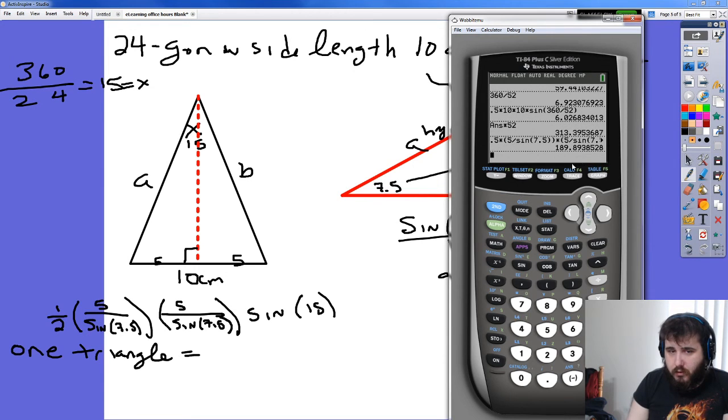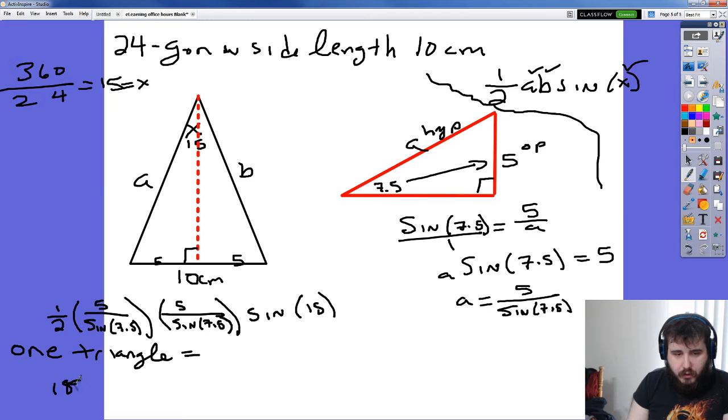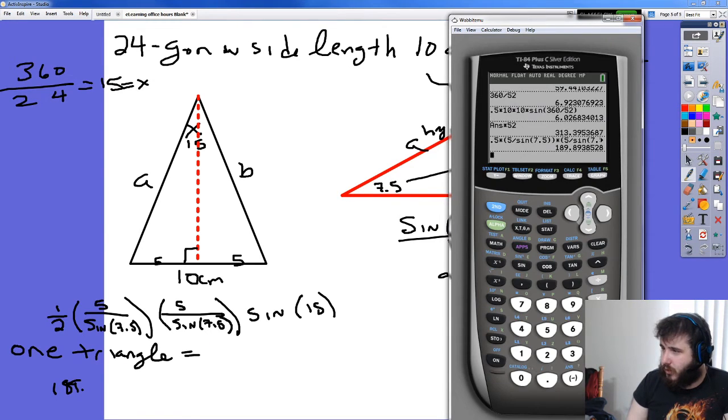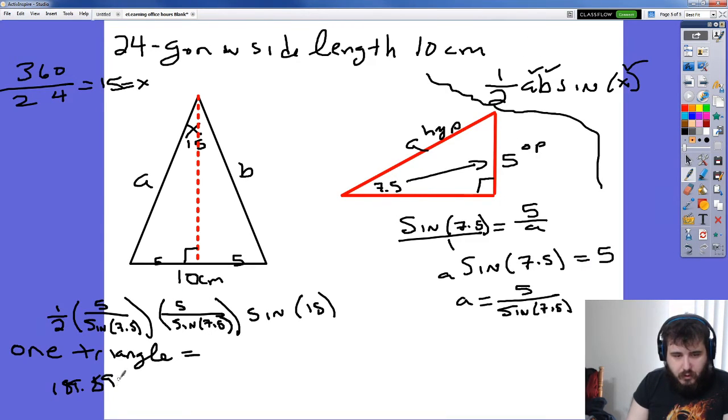That is this triangle right here: 189.89385828. So that's one triangle.